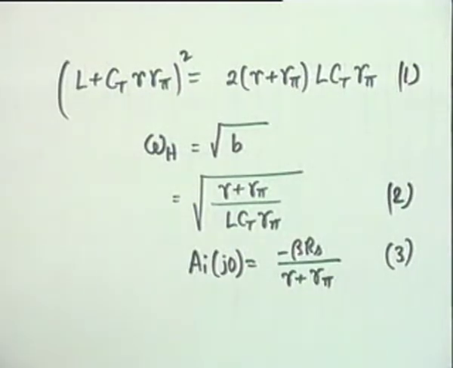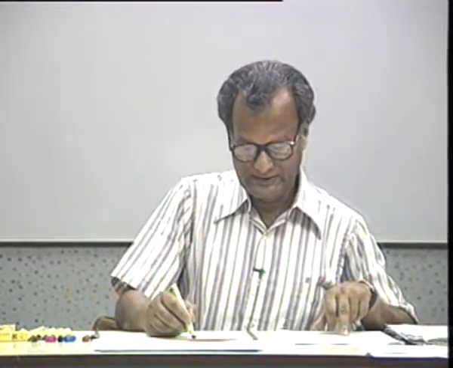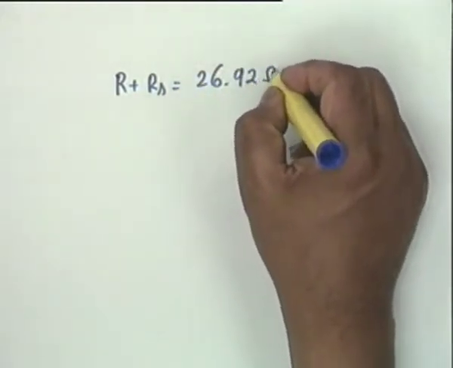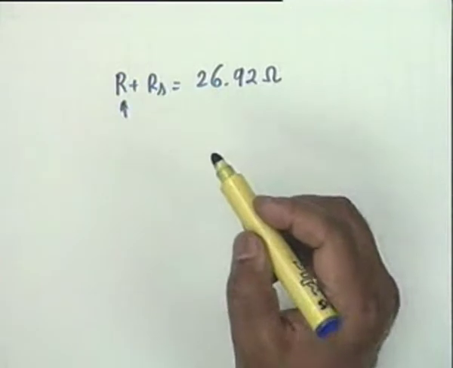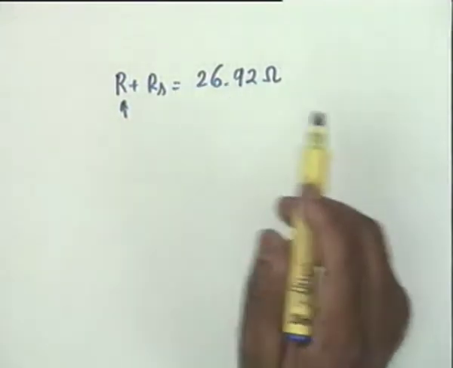I shall only give you the final results. I have gone through this quadratic equation and all that. Final results are that R plus Rs is 26.92 ohms. Capital R represents the loss in the inductor, and Rs is the internal impedance of the source.